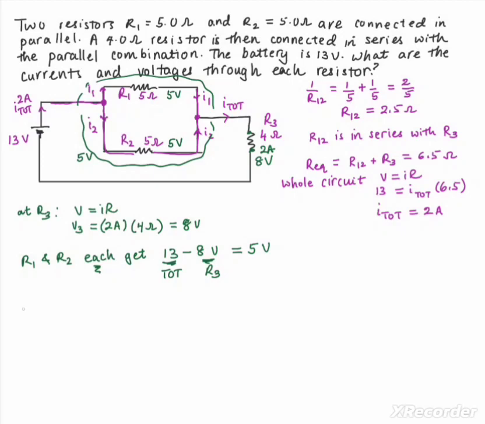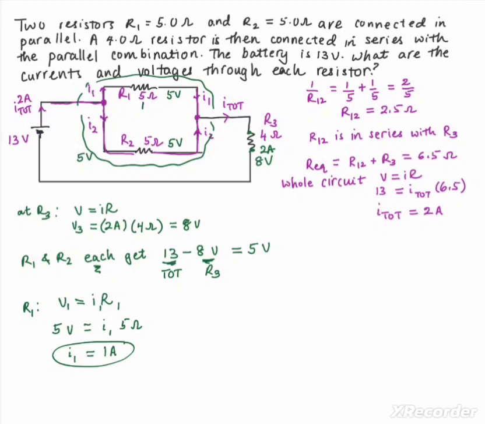Now let's look at the top branch. So at R1, okay, let's do V equals IR. V for R1, so this is V1, I1 and R1. So V1 is 5 volts, I1 we don't know, R1 is 5 ohms, which gives us I1 equals 1 amp.